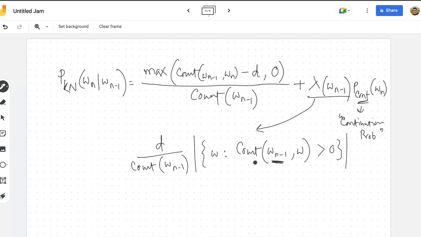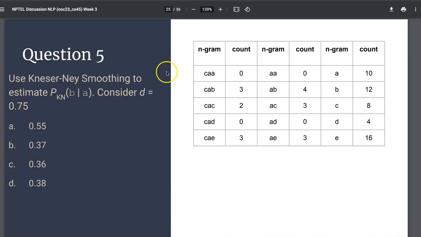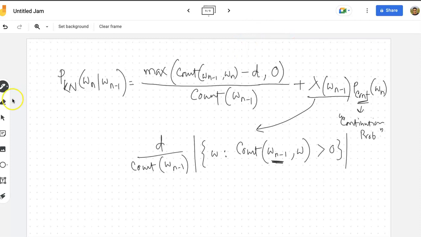Now let's see what different things you need to calculate. For our case, what should be the formula? They are asking B given A. If you just put it here, you will get the formula, the things that they want to know.